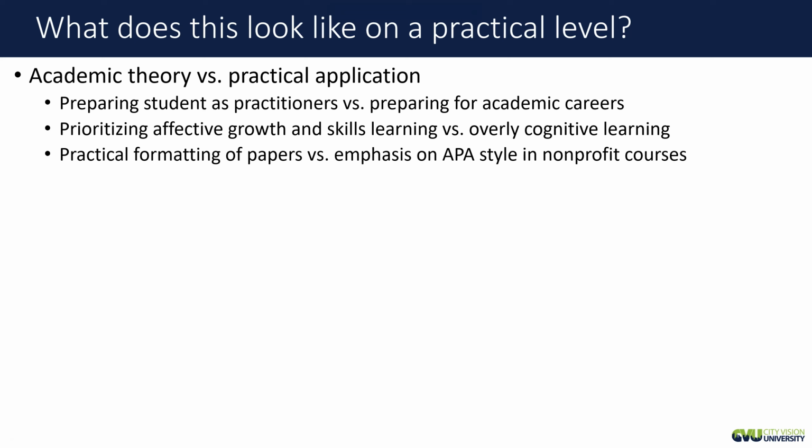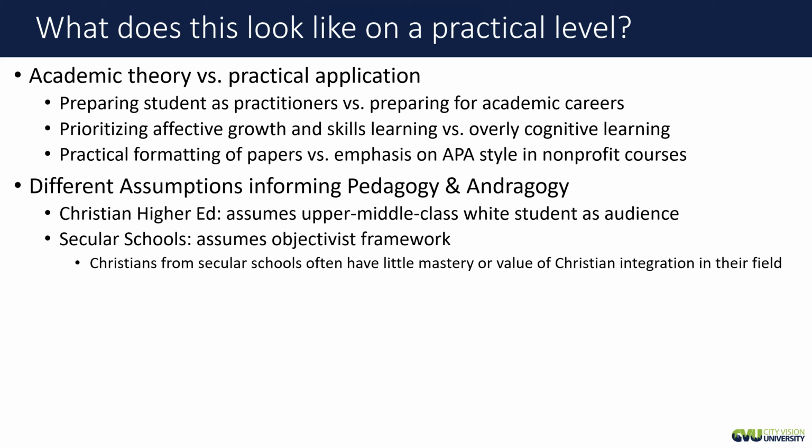We prioritize effective growth and skills learning over overly cognitive learning. And then practical formatting of papers versus emphasis on APA and style and nonprofit courses. The other is different assumptions on informing pedagogy and andragogy.